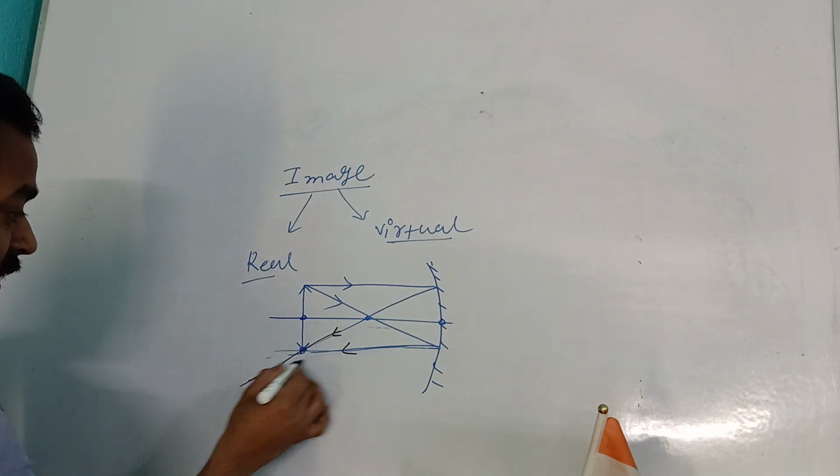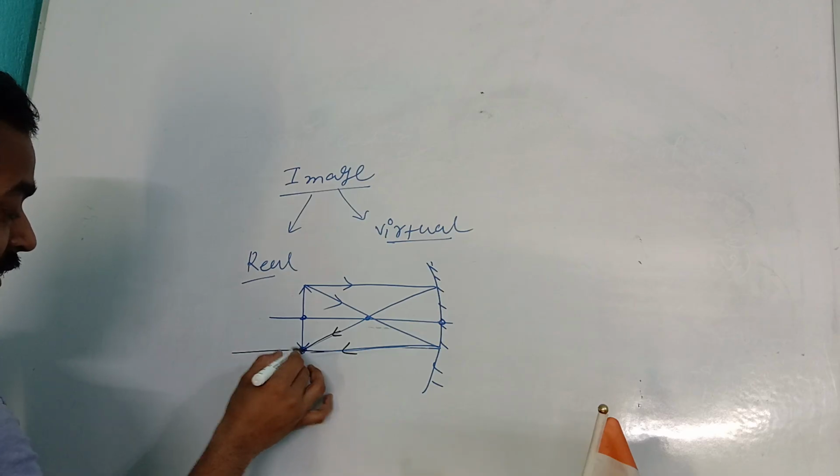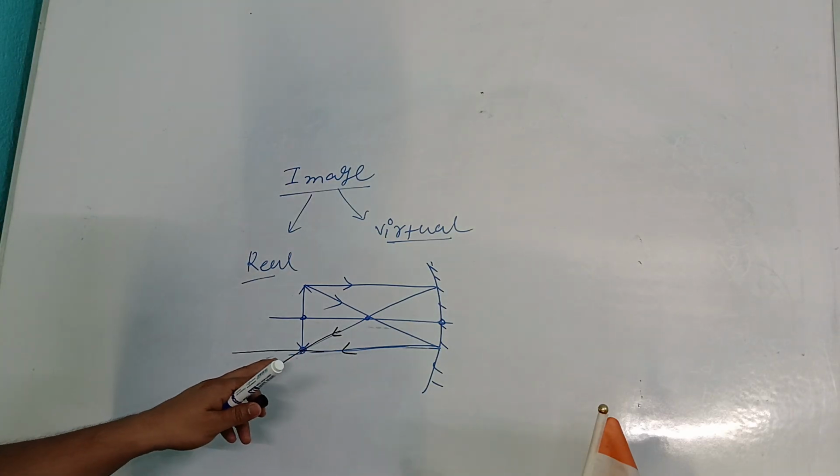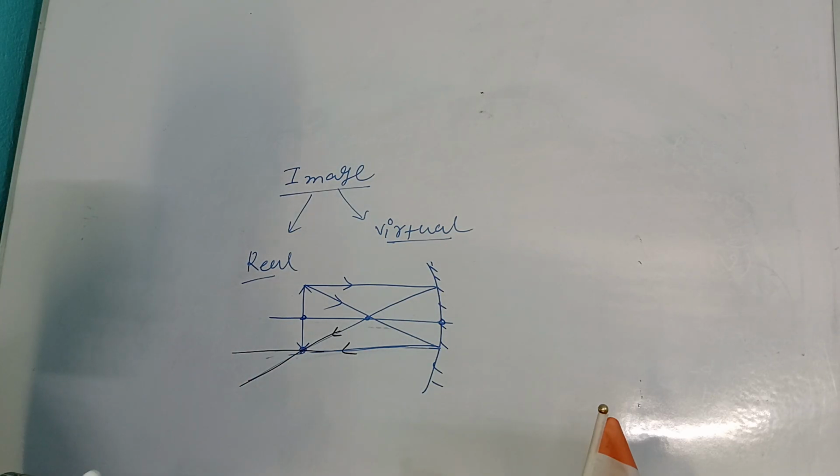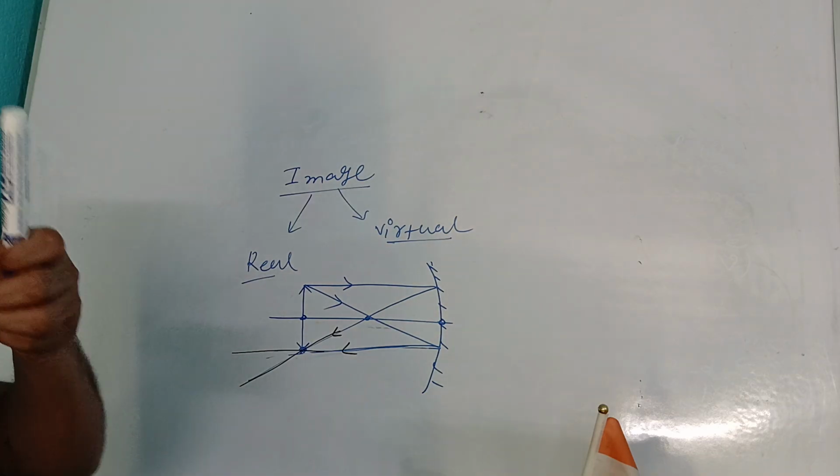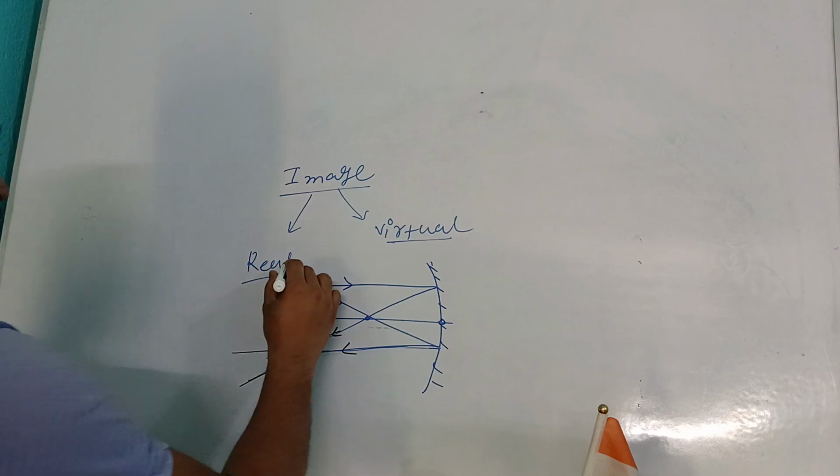These reflected rays are exactly meeting at a point. When they really intersect at a point, it is called a real image.